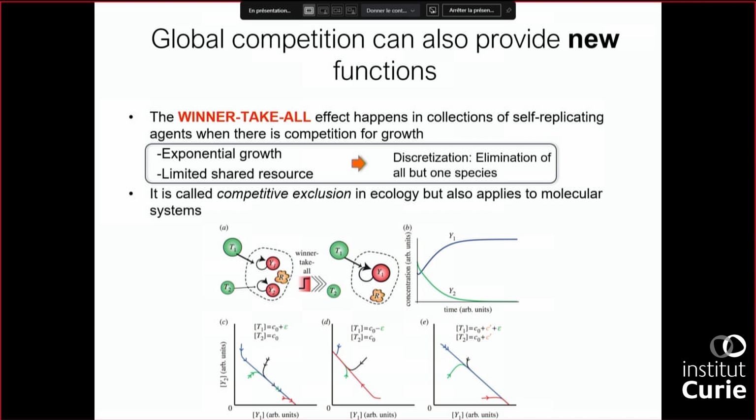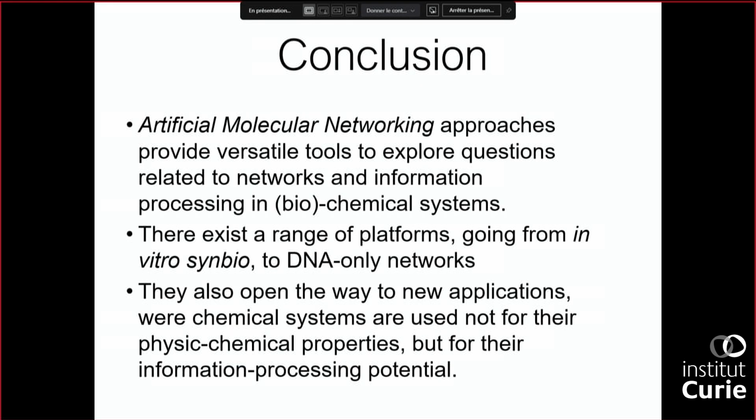You have a kind of snowballing effect, where the one that grows a bit faster becomes stronger and takes more resource from the other one, which goes down, so there is more resource for the one that was growing faster, and you snowball up to a completely discrete situation. From an informational point of view, that's very interesting, because you can get completely digital behaviors without having to implement killing links between all the nodes.